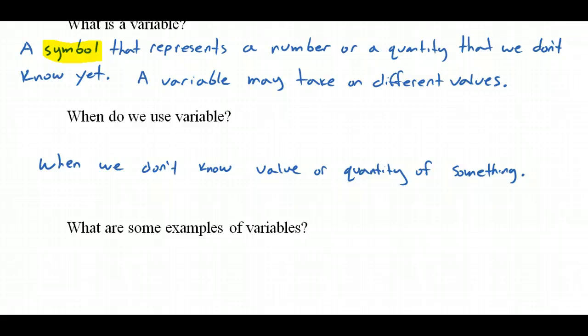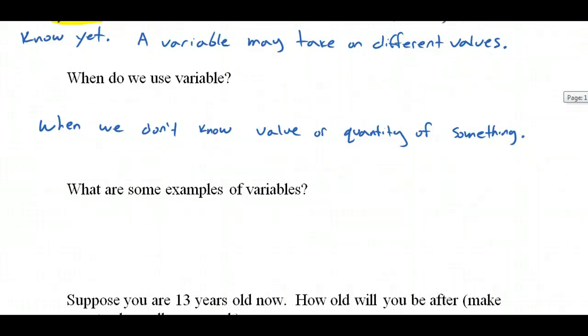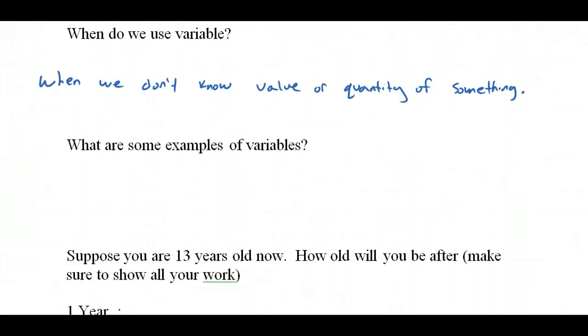Some of the symbols that we can use, there are many different symbols you can use. If I'm, let's say, talking about somebody's age, I may use the letter A to represent how old somebody is, if I don't know how old they are.